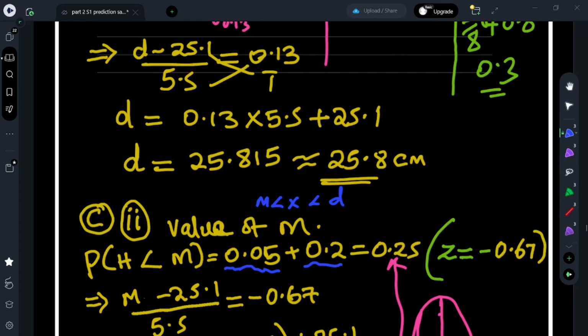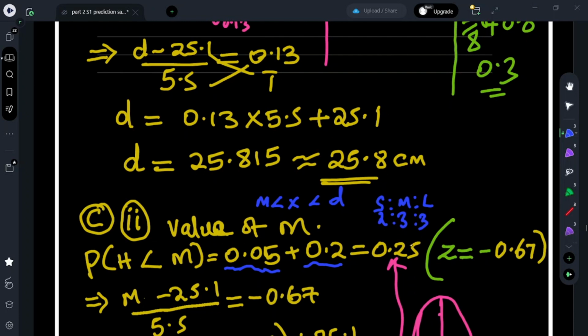0.2 is the proportion of the small books, since we know that the ratio of small to medium to large was supposed to be 2 to 3 to 3. So the probability that the height is less than m is equal to 0.05 plus 0.2, which is equal to 0.25.